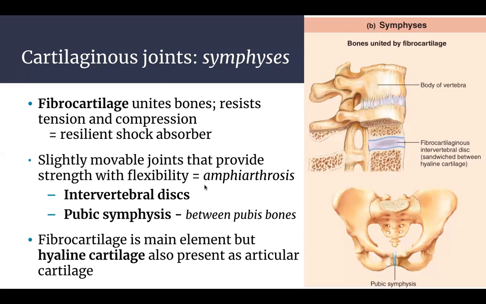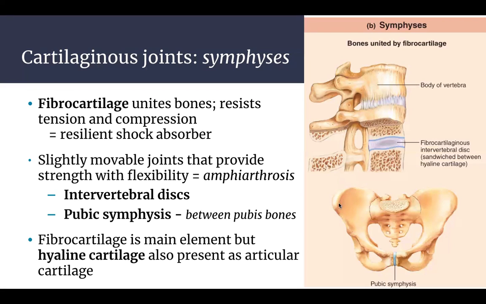Now, another example that we'll see in our lab meeting this week is the pubic symphysis. This joins the two pubis bones, which are these anterior bones that make up the pelvic girdle here. As I was saying earlier when we were looking at those cartilaginous joints that are made of hyaline cartilage, the temporary, there are actually three bones here separated by that form of joint.